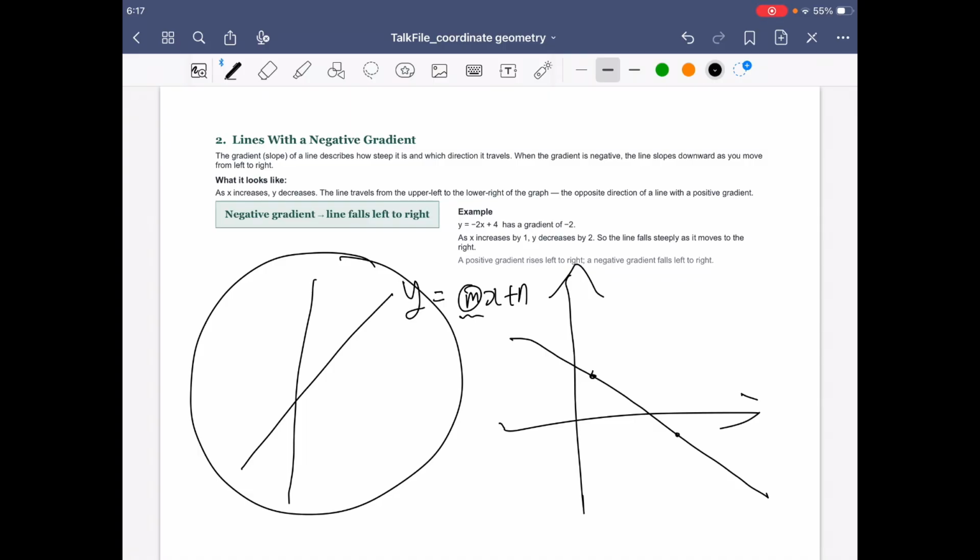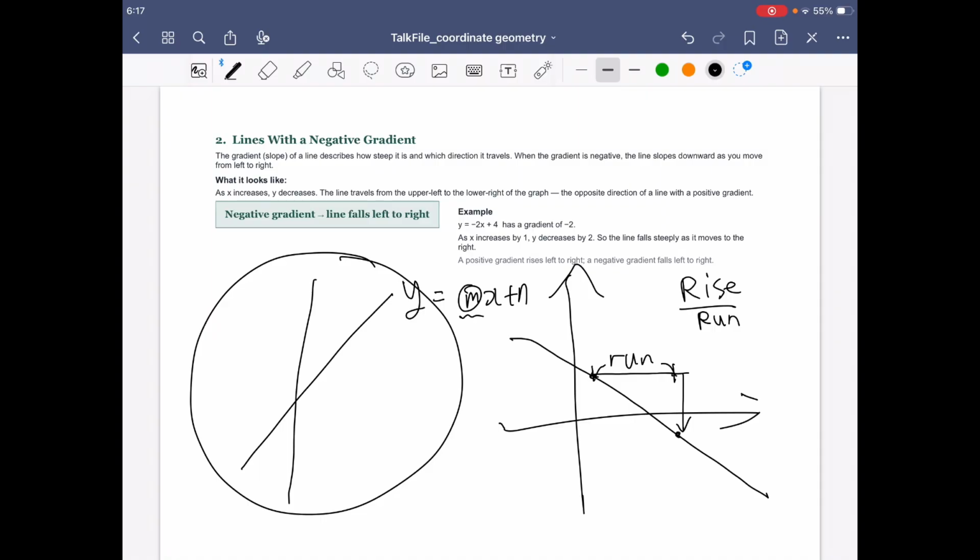Let's compare these 2 points. When it comes to slope or gradient, we calculate rise over run. So this is run. Run is pretty much the same, but rise doesn't really rise technically. It falls. It goes down.